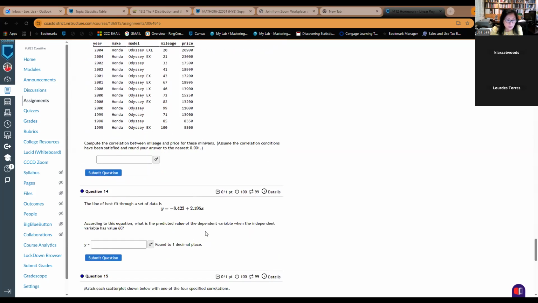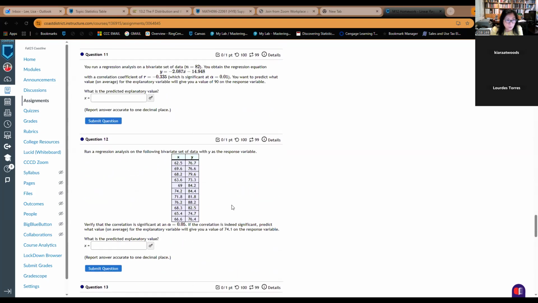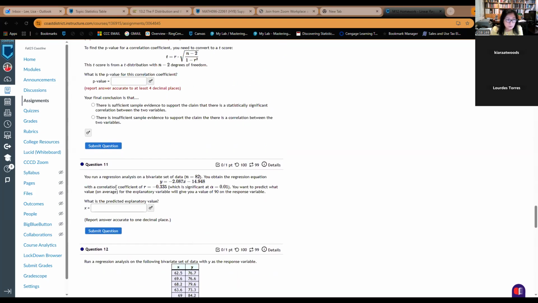This problem is a little bit tricky. Number 11 says you want to predict a value, but this value is for the explanatory variable, for X, not for Y. Usually we ask you for Y, the predicted value of Y, and we just plug in the X and get a Y.